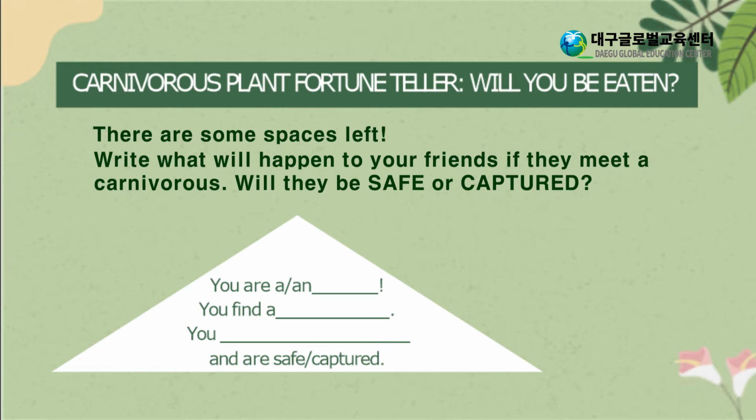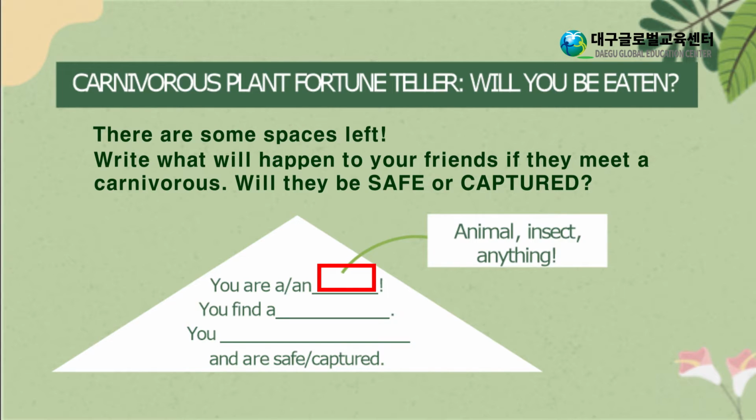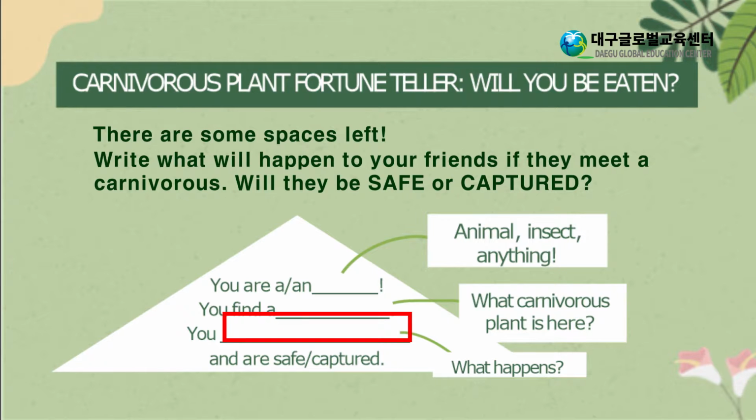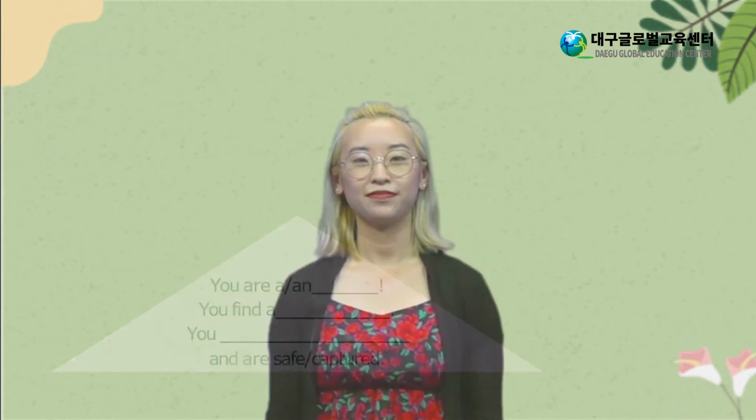So we have "You are a/an," and you can insert here animal, insect, or anything. Next, "you find a," and here you will write what carnivorous plant is here. Next, you will write here what happens and are safe or captured.